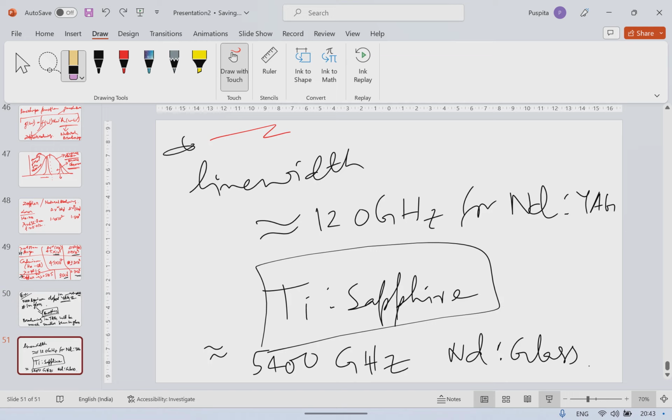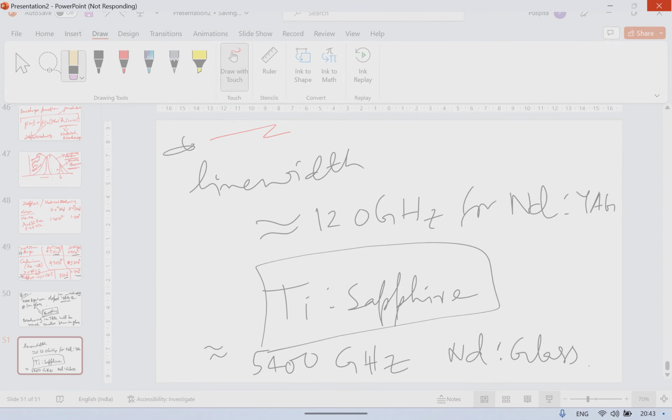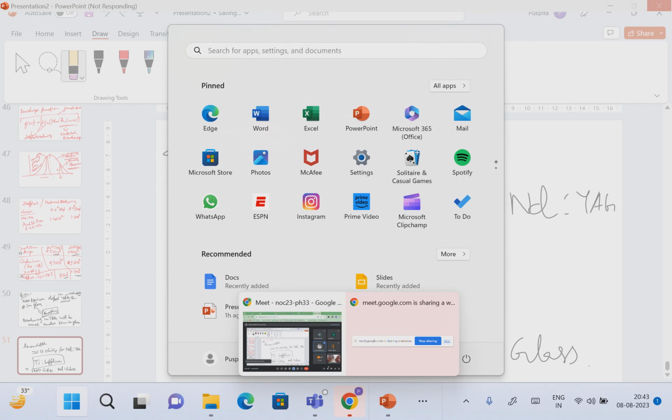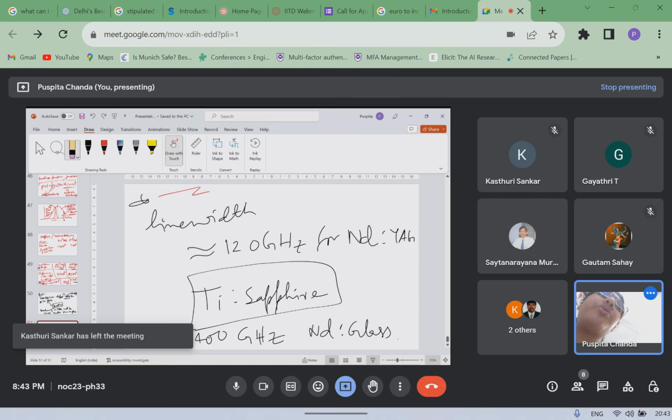Okay. Please wait a minute. What is the output wavelength of the YAG laser? Okay, let me check. I don't remember that, but I can check.